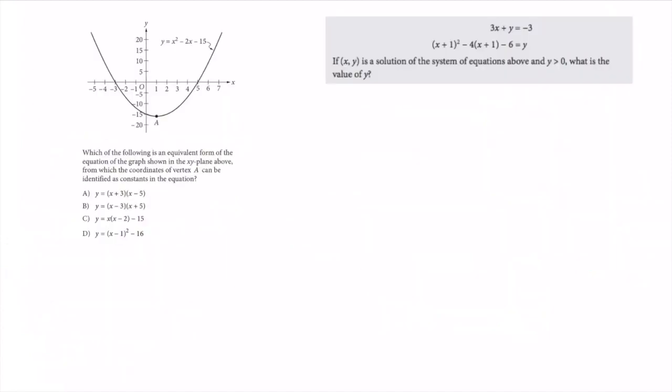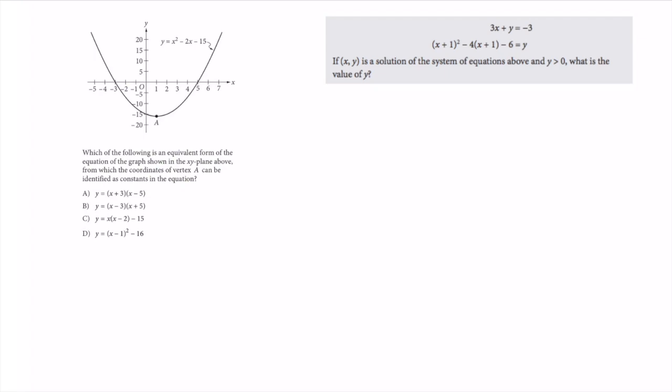So some examples of quadratics. If we look at this picture here, which of the following is an equivalent form of the equation of the graph shown, from which the coordinates of vertex A can be identified as constants in the equation?